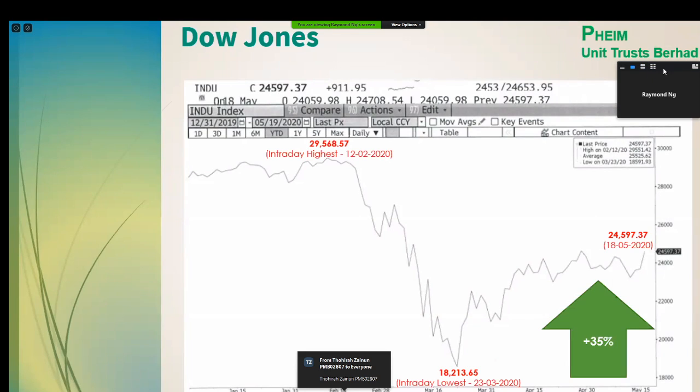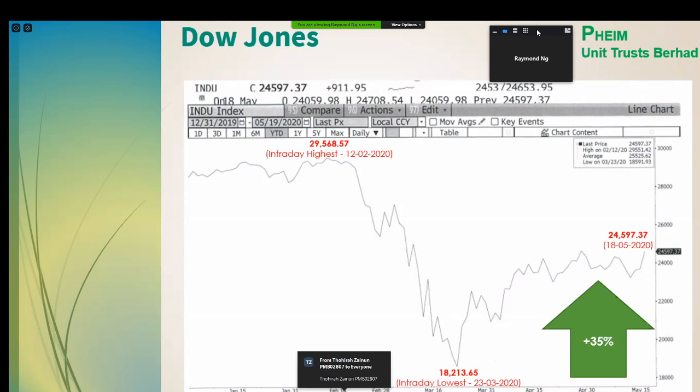And as of 18 May, it rebounded at a 35% increase from the lowest point. From 18 May 2020 to the highest point in February, there's a gap of approximately 60%. This is Dow Jones.